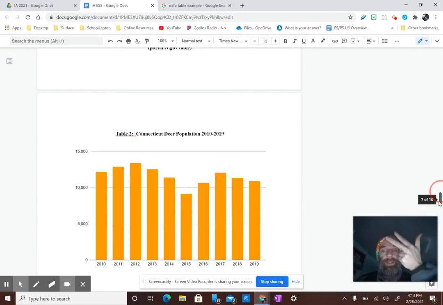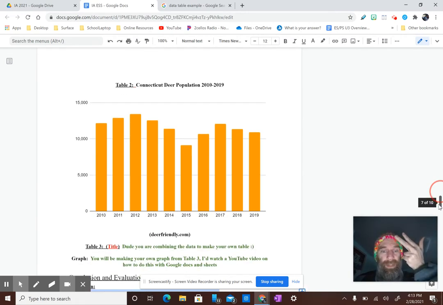So now on to the fourth. This is the deer population. At its highest, it was around 13,000 in Connecticut, and the lowest is about 9,000. So that's the fourth observation. The fifth observation or conclusion is that it went up, it went down, it went up, and then it's going down again.